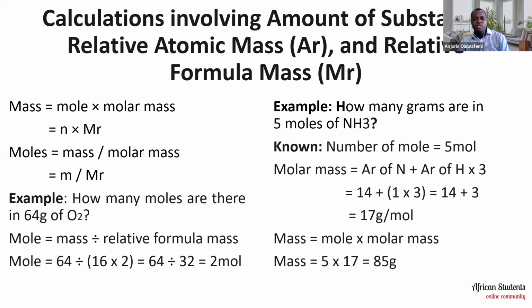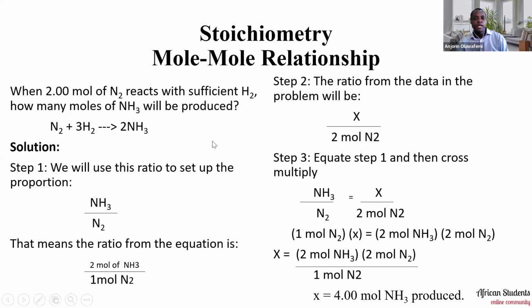So we've established that we can get the mass out. Even if you're given the mole, you can get the mass. If you are given the mass, you can get the mole out. If you are given the mass and the mole, you can actually get the molar mass out too, using this connecting formula. Okay.